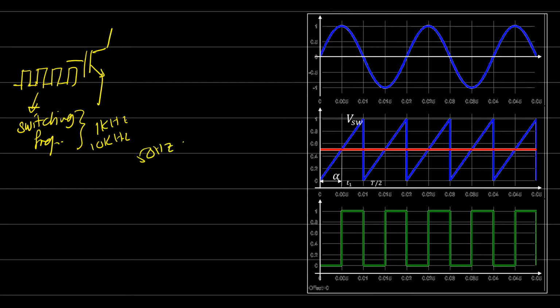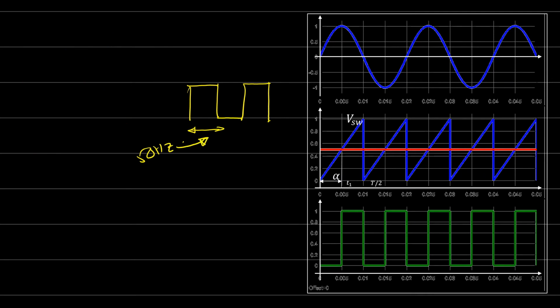But the case is different for the controlled rectifiers, for the AC to DC rectifiers. Here, we will care much about the pulse, the firing angle, that is related to the 50 hertz frequency. So we will not study this one. Now we will use something we call the thyristors. And these thyristors receive a signal.